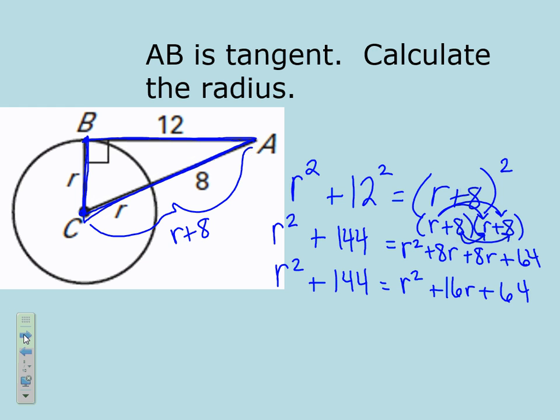So now we notice we have R squareds and R's. Notice that there's an R squared on both sides, so if we were to subtract R squared from both sides, that would essentially eliminate that problem. So we'd have 144 equals 16R plus 64. And now we go ahead and solve that. We're going to subtract the 64.